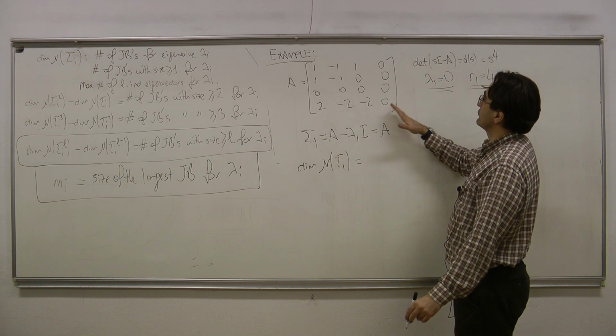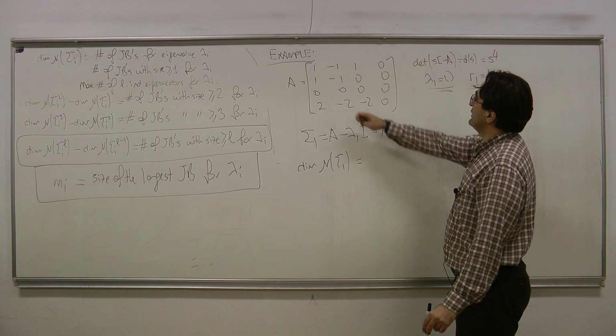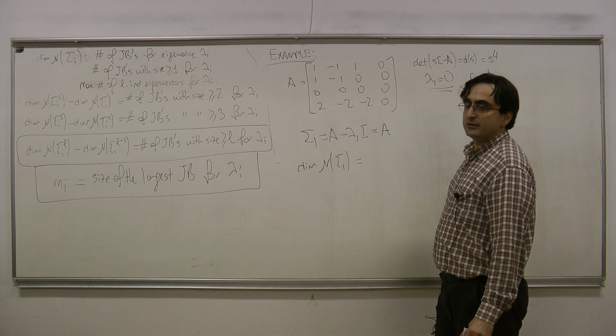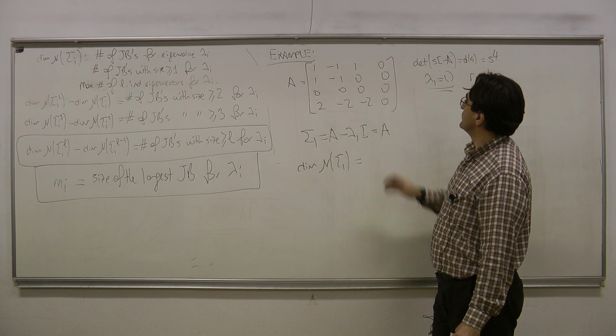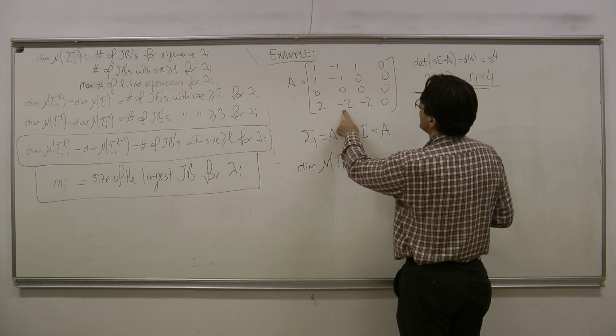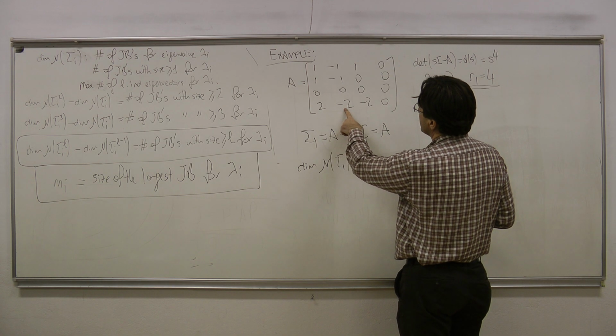The dimension of the null space of this matrix. We see that here, how many linearly independent columns do we have? We see that these two columns are multiples of each other. If I multiply the first column by −1, I get the second column.